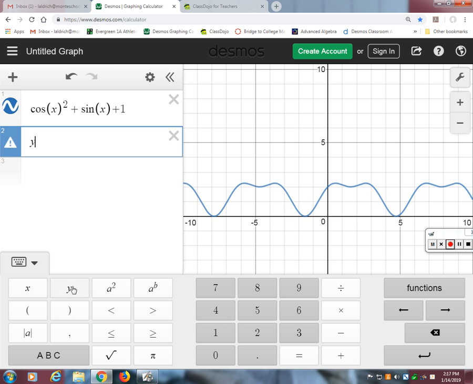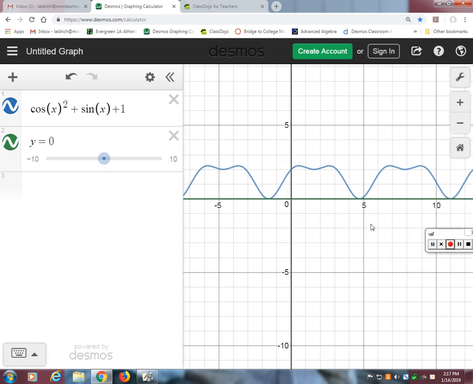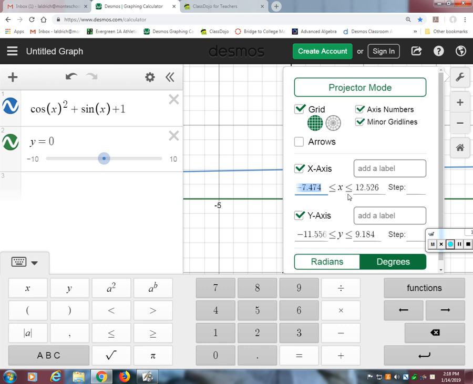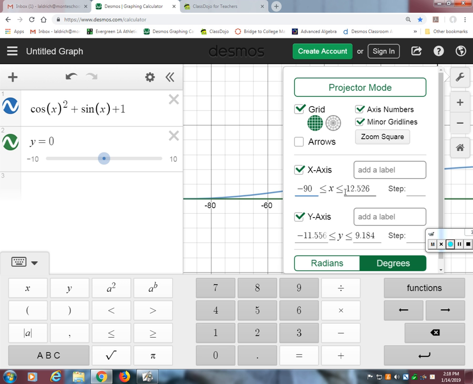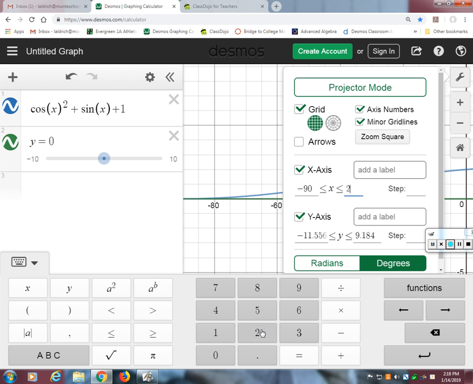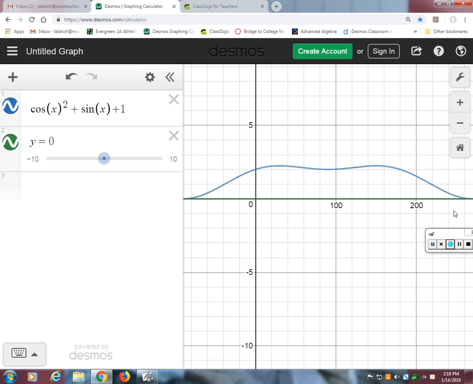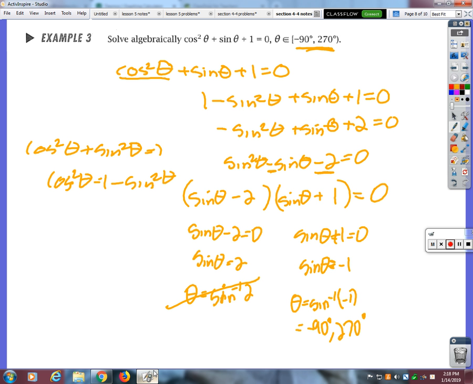So what they're saying to you is, where do these two lines cross? But they only want to know in between negative 90 and 270 in degrees. So let's change this to be negative 90 and change this to be 270, because they said we only want to know what the answers are in between these two things.